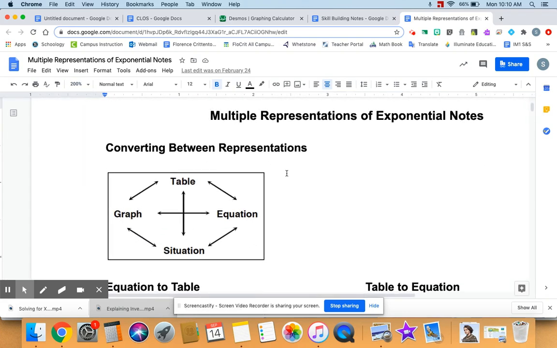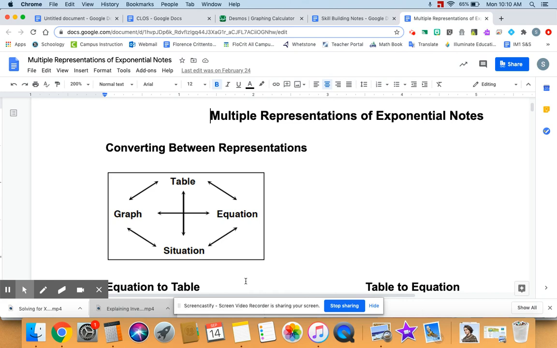In math, we have four main representations, ways we represent math. And the goal is to be able to go between any one of them. Like if I start with a graph, I should be able to go straight to a table, straight to a situation, or straight to an equation really fast. Same thing if I started over here at equation. They expect you to be able to go to any one of the other three really fast.